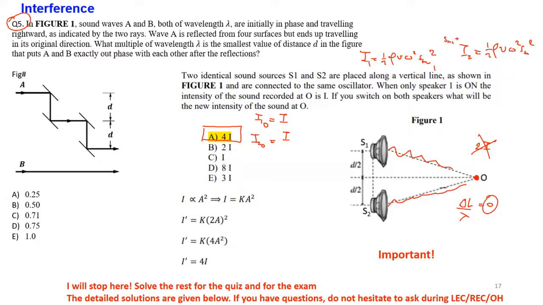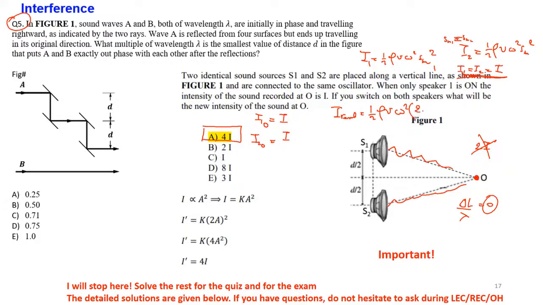Sm1 is equal to Sm2, so intensity 1 is equal to intensity 2, which is equal to I. But when both of them are together, I will have a resultant intensity at point O, coming from both, which will be half rho v omega square times the resultant amplitude square.